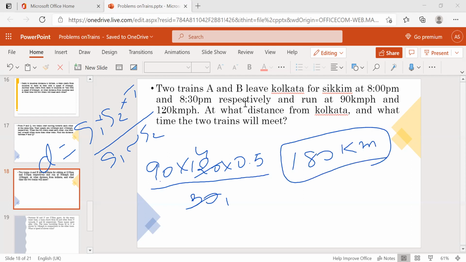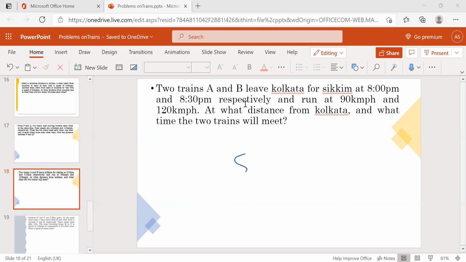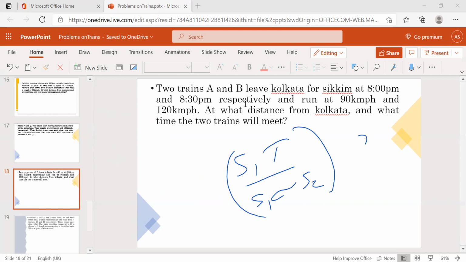Okay, simple. After 180 kilometers, they will meet, and they will ask the time also, right? Now the time is S1 T divided by the difference of S1 and S2. So S1 is 90 kilometers into the time difference of 0.5 hours, divided by 30 kilometers.